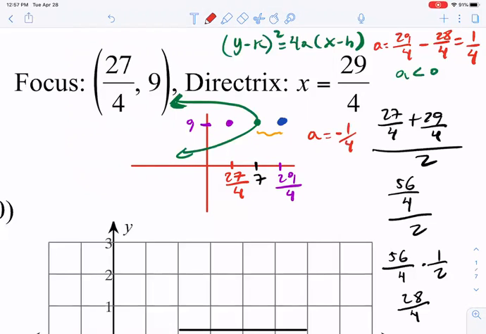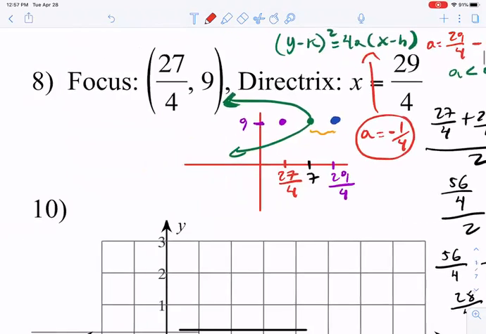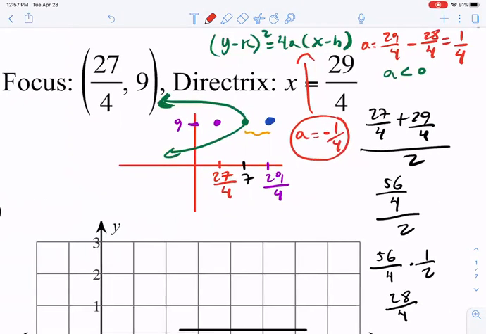Okay, so now we have everything that we need. We have the equation, we have a, we have the vertex. We didn't establish what was the vertex. So the vertex was 7 because that was the midpoint, and 9 for the y value. So this is h, k. Finally, we have everything.